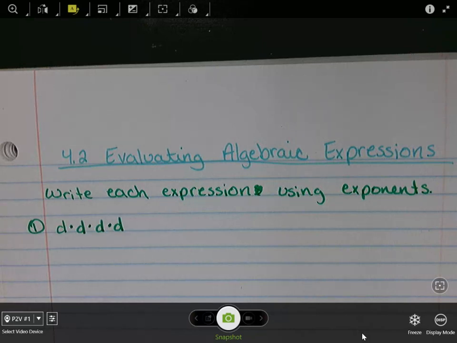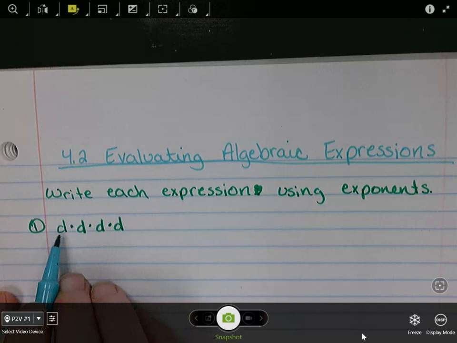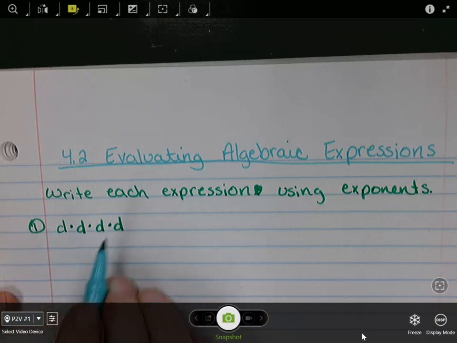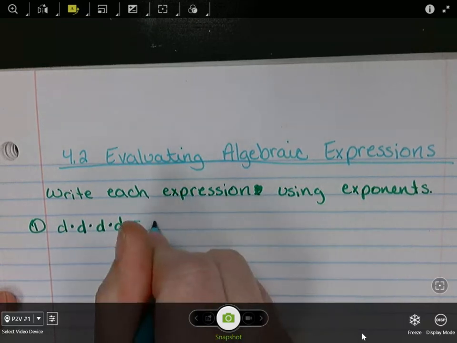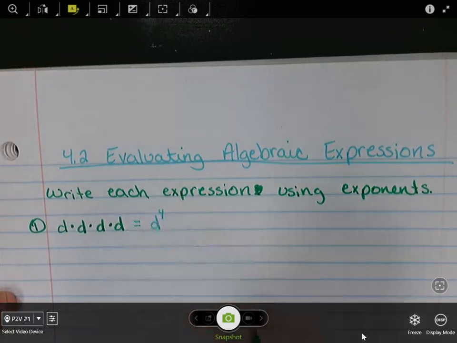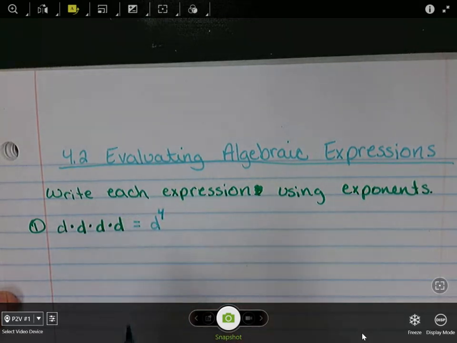So 10 to the third power would mean 10 times 10 times 10. Let's count how many d get multiplied by itself. There's 1, 2, 3, 4. So that would be to the fourth power. You would rewrite that as d to the fourth power.